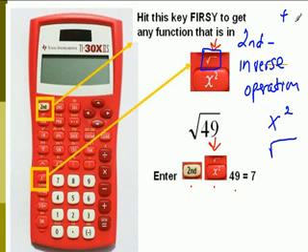Just like the inverse operation of addition is subtraction and multiplication is division, the inverse operation of the squared button is the square root. That's why it's on top of that button. So you hit the second key and then x squared to get the square root.